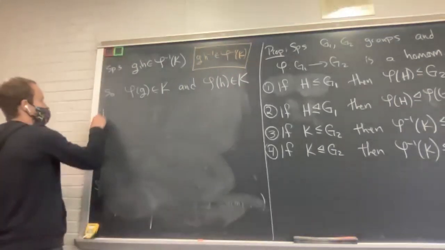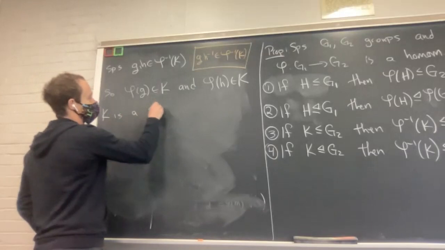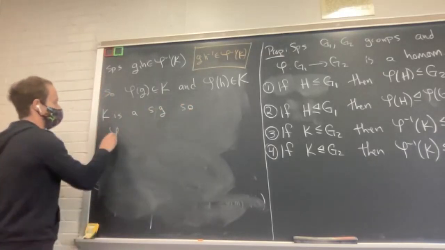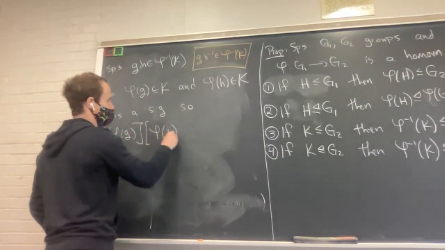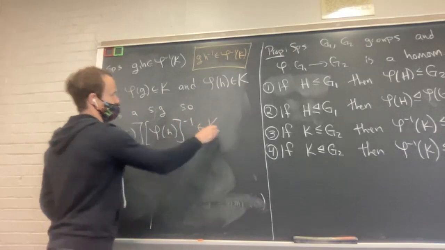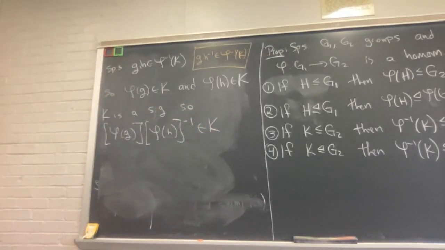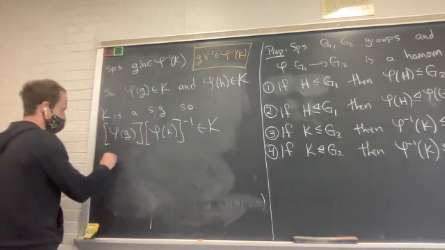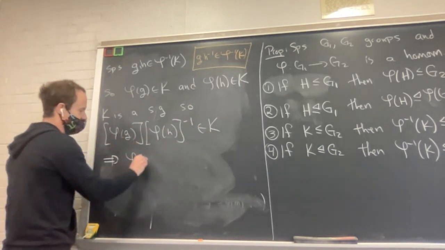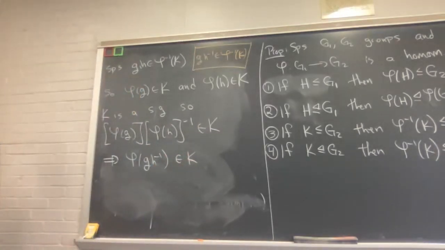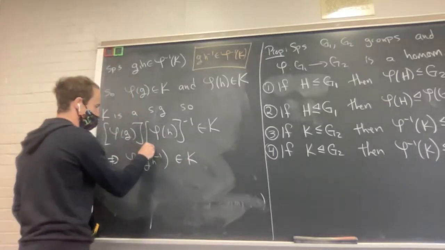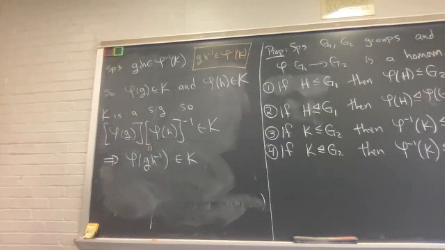But then we know K is a subgroup, so phi of g times phi of h inverse is in K, by the subgroup test, since we were assuming K is a subgroup. But now we can smash that together, and this side becomes phi of g h inverse, which is also in K, because we haven't changed anything. That's just using the properties of the homomorphism.